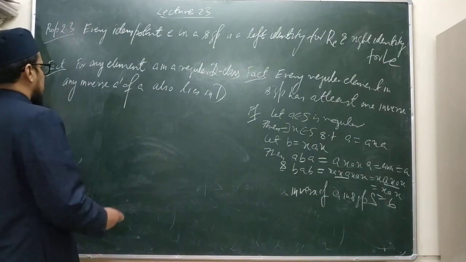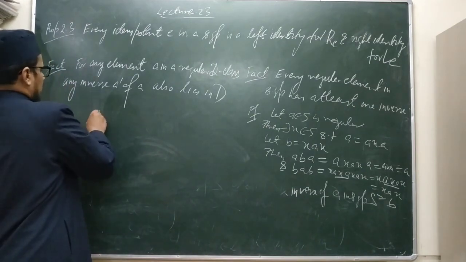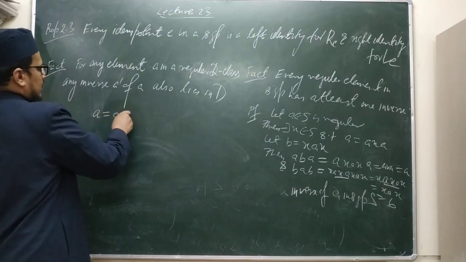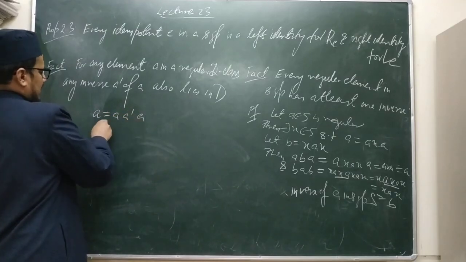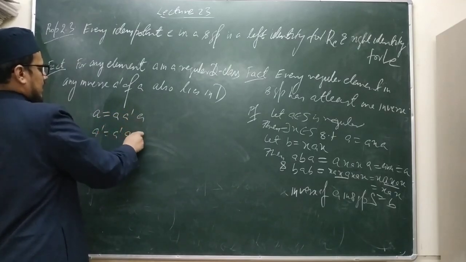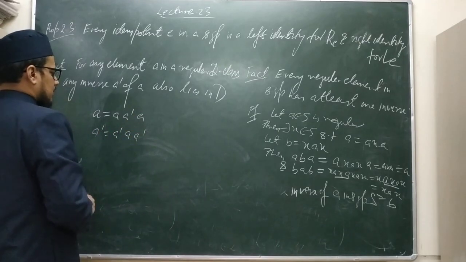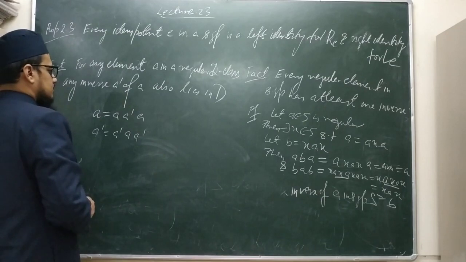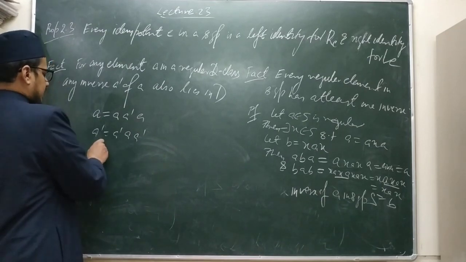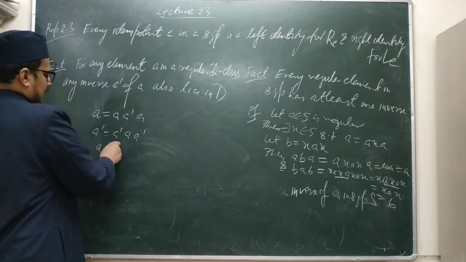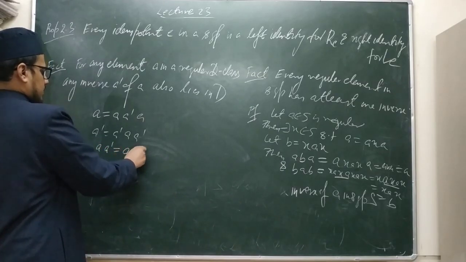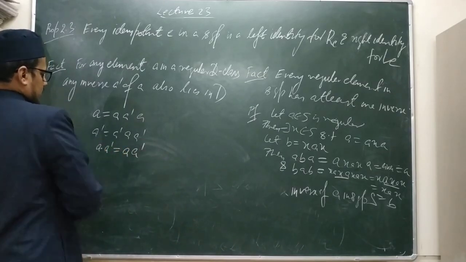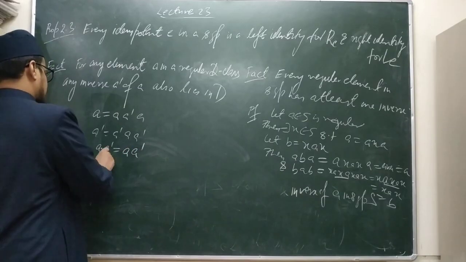So we know that all of you can see that we have a dash a, and a dash is equal to a dash a a dash. We have this, correct? And also we can write like this: a is equal to a a dash a.